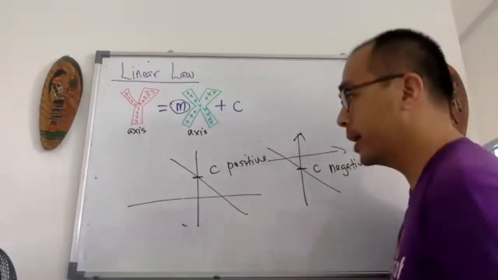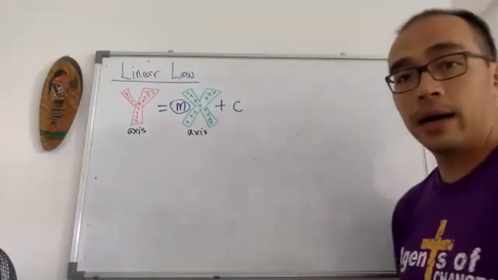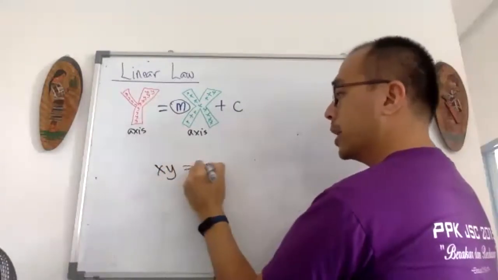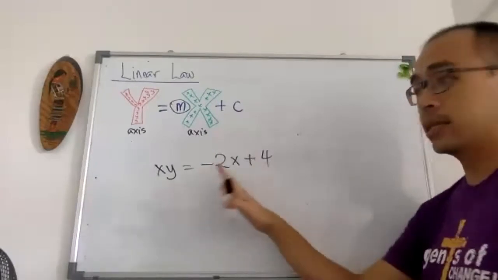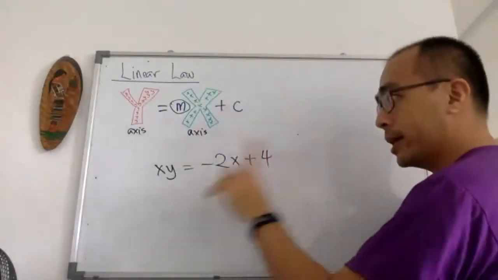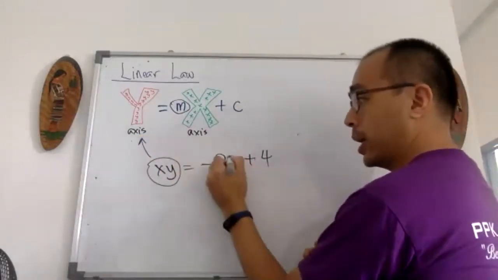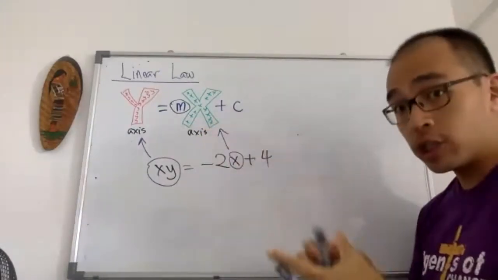So before the holidays, we were talking about several funky equations. For example, xy equals negative 2x plus 4. Let's say this is this one. I want to establish that whatever it is, this one is the y-axis, and then this one obviously is the x-axis. I can change the shape if I want.